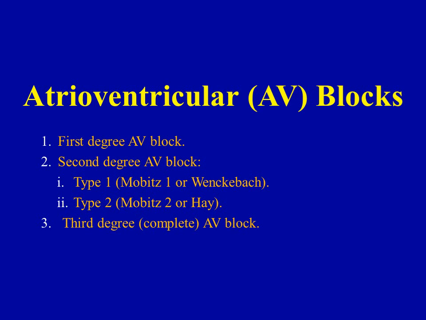So what is the problem here? Here there is a problem in the conduction of impulses from the atria to the ventricles through the AV junction due to some abnormality or pathology in the AV junction.